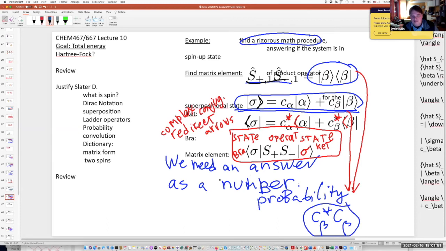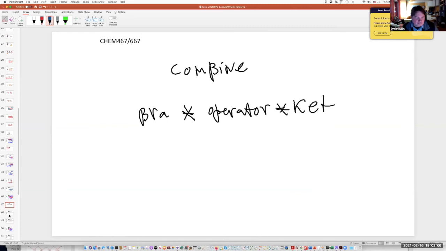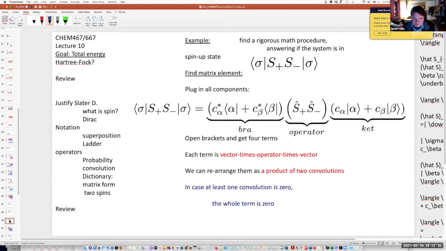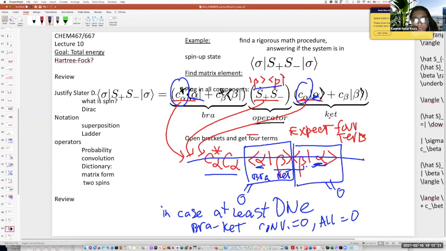So if one applies this to the general operator S plus S minus, one will get the probability that the system is in the state beta. And here I'm just showing step by step how this is obtained.